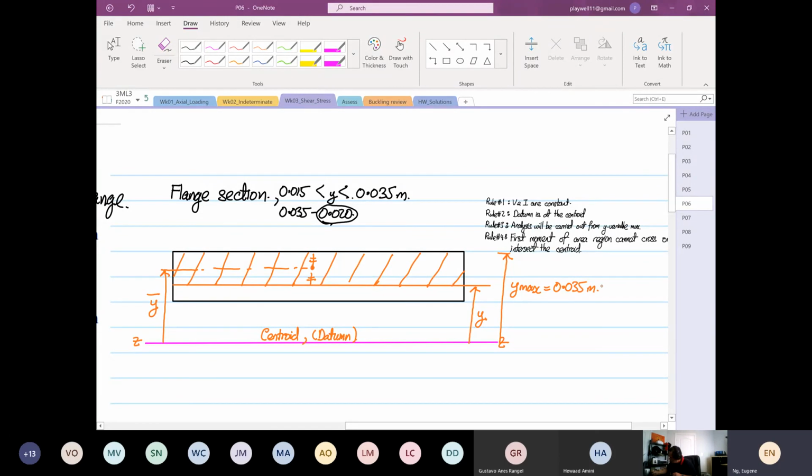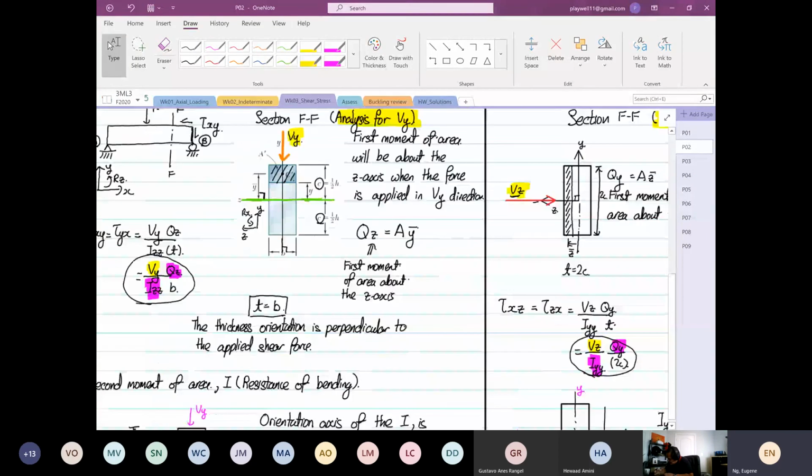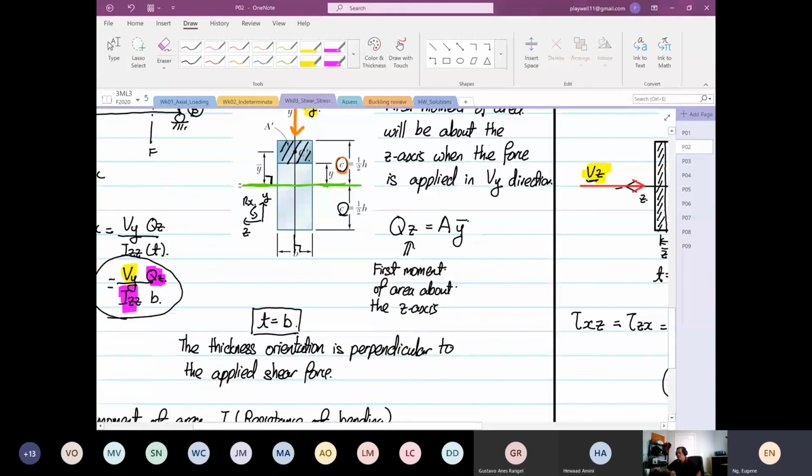This also corresponds to C. Why do I call it C? Because when you look at what we are trying to derive over here, we call this distance C. So that's your maximum distance.